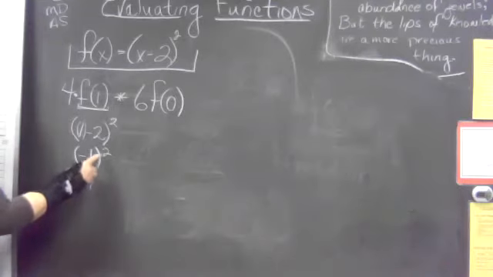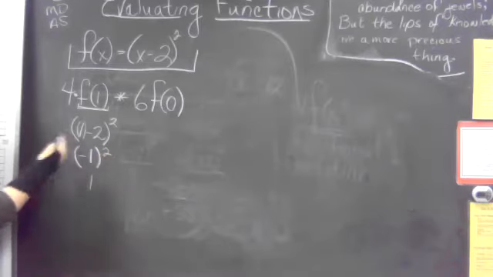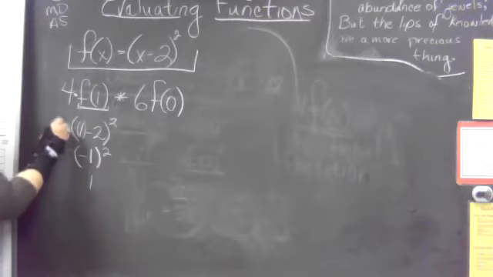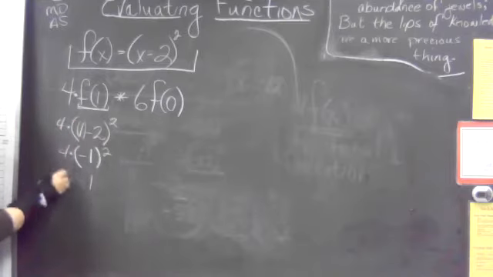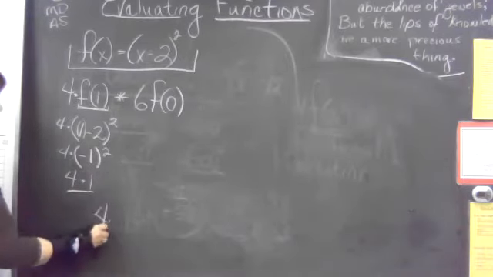That gives you 1, because anything squared, if you guys will try to commit this to memory, anything squared will always be a positive answer. And then this says whatever I got when I evaluated that rule, I'm going to take it times 4. Do y'all see? And so my answer for this side is 4.